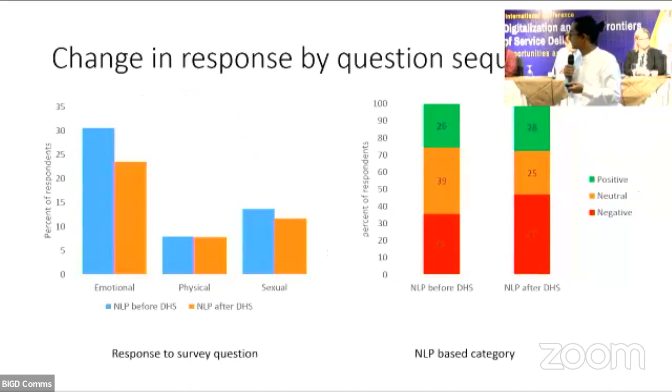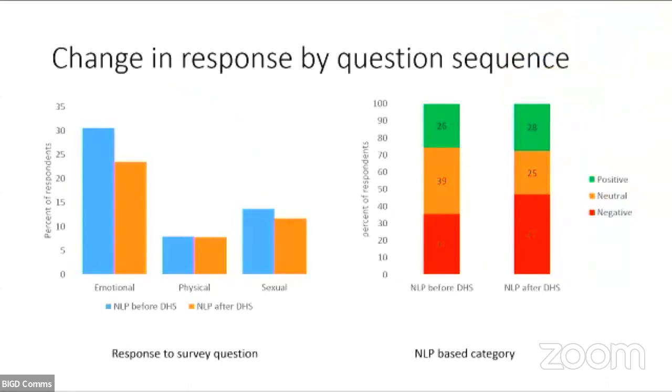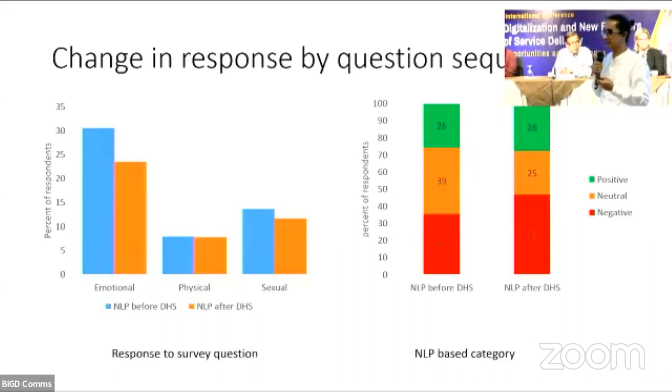The last slide, or second last, just shows how the responses varied based on before and after. That again puts me in another trade-off in deciding when to ask NLP vis-a-vis the DHS type questions. On the left side, we have the response to the survey question, what percentage said they have experienced emotional, physical, or sexual violence, based on whether they responded before or after the open-ended NLP question.